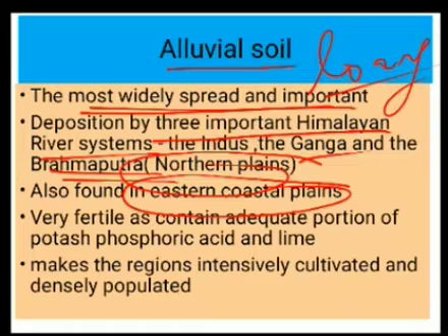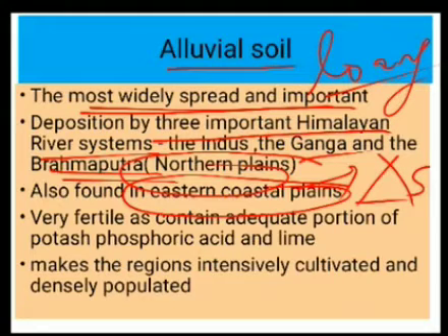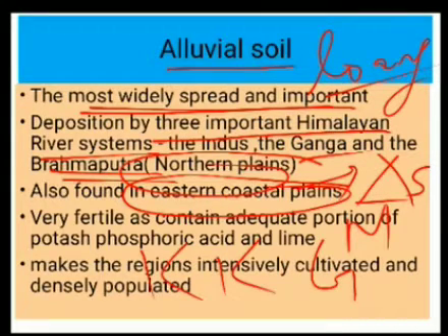Then the soil is also found in the eastern coastal plains. Now, what can be the reason for the eastern coastal plains? Because we have deltas of important rivers, especially of Mahanadi, Godavari, Krishna, and Kaveri. So, MGKK, we have the deltas of these rivers, and the delta is also again the finer alluvium.